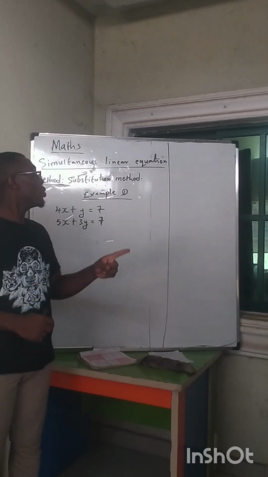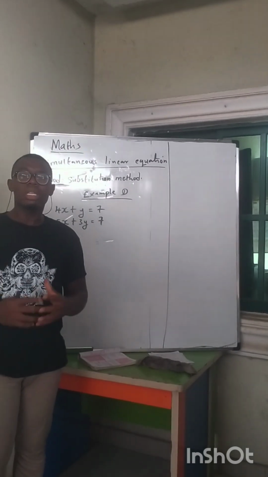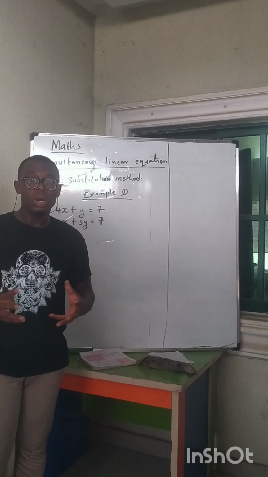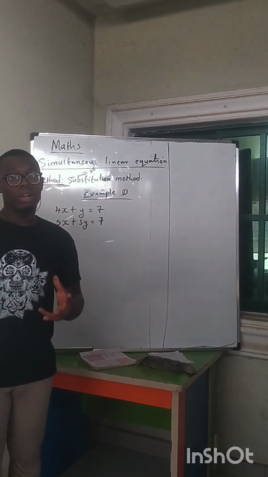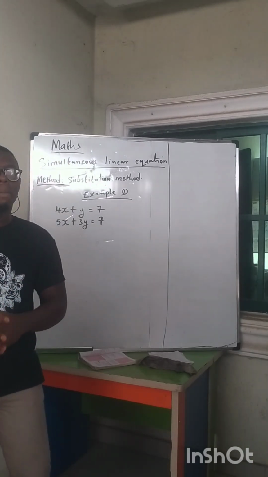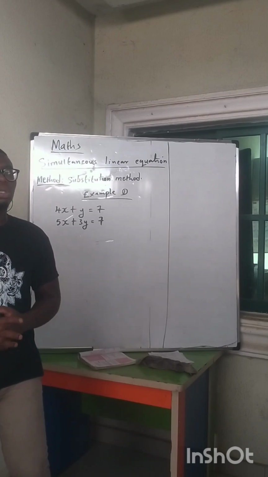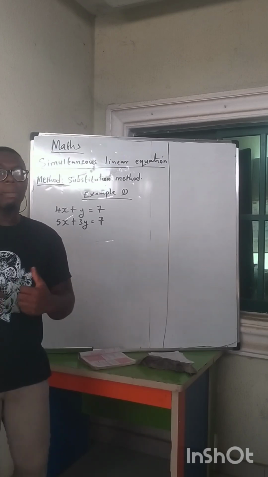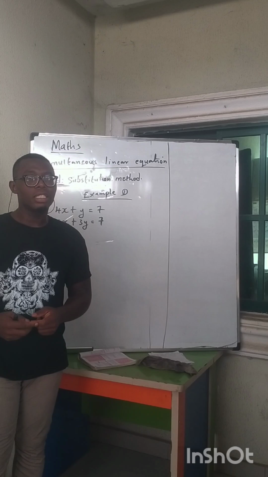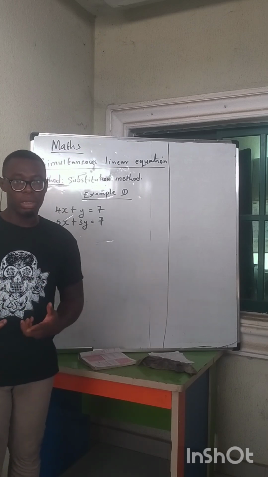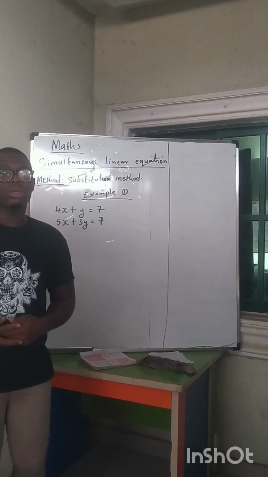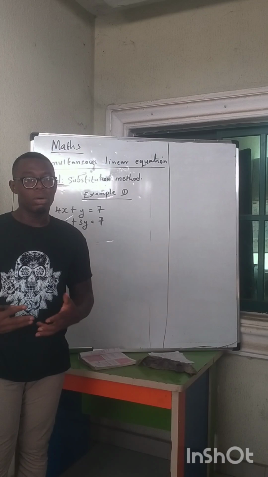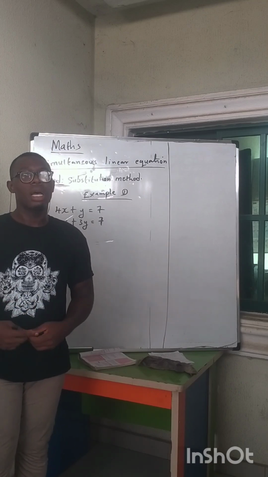We can use substitution method, we can use elimination method, and we can also use what? Graphical method. But today we are going to be treating substitution method. In our next class, we'll also discuss elimination method, and subsequently we are going to discuss graphical method. So do follow us as we go.